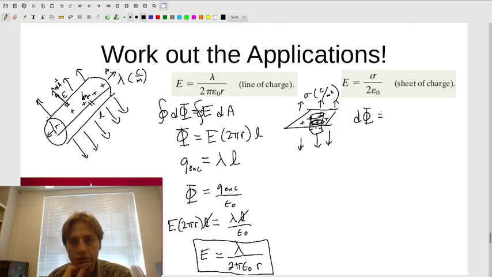Okay, so again, my little d flux is going to be, the top is going to have some area.